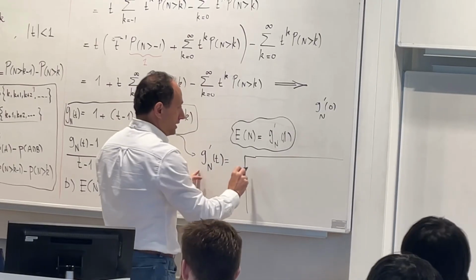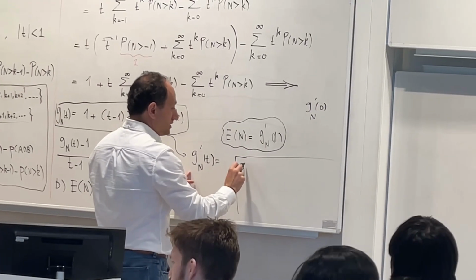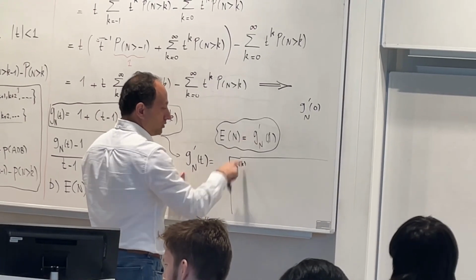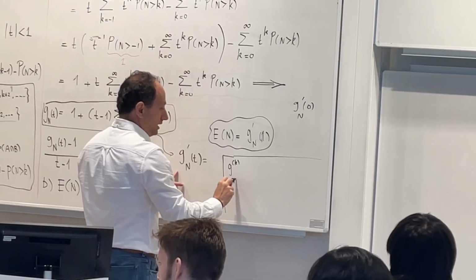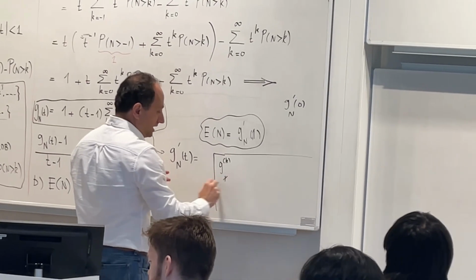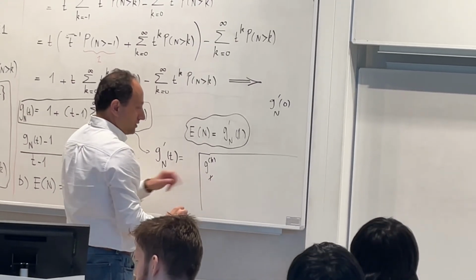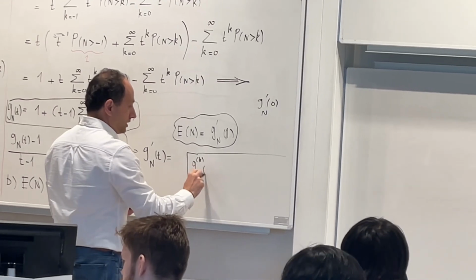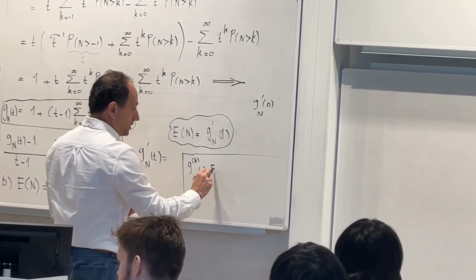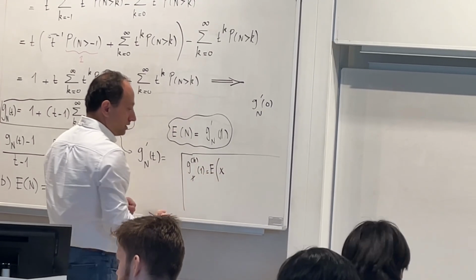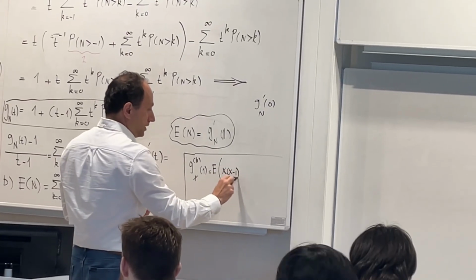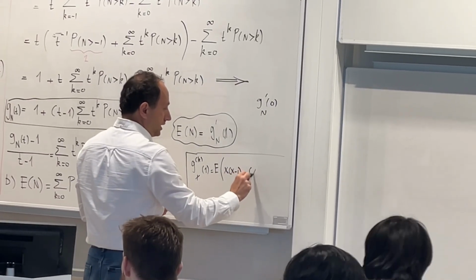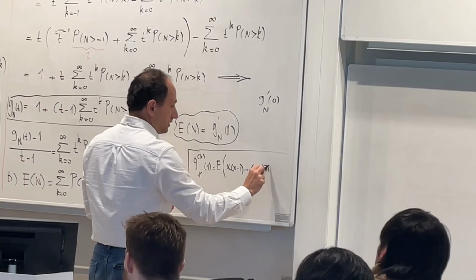So if I have G, let us say the kth derivative, of any random variable, discrete non-negative, at 1, this becomes the expectation value of X multiplied by X minus 1, continued up to X minus k plus 1.